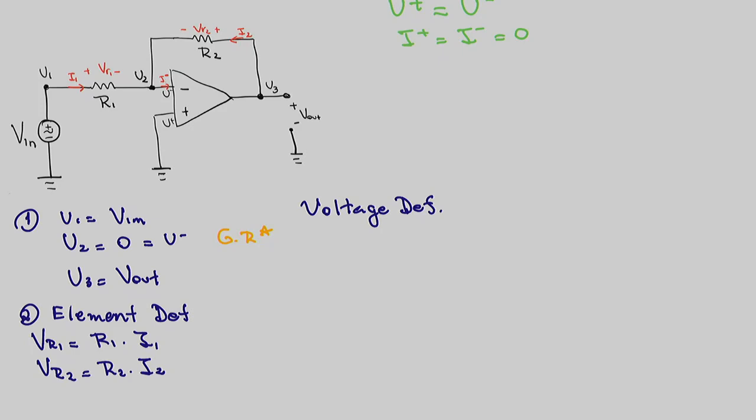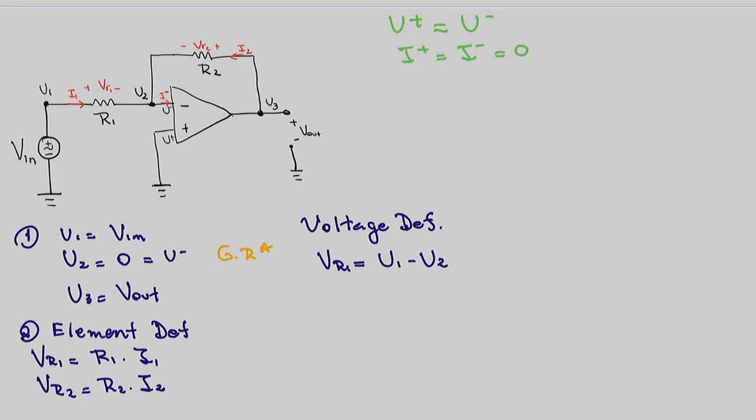Using voltage definition, I can write VR1 equals U1 minus U2, because the resistor is between these two nodes. What's U2? 0.